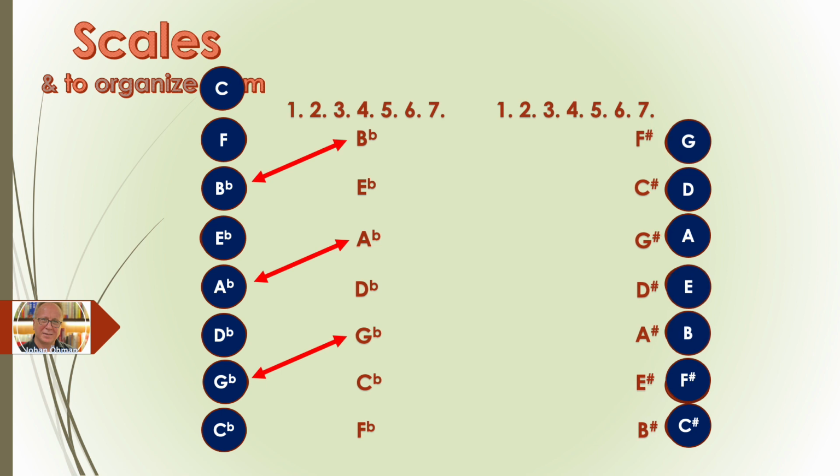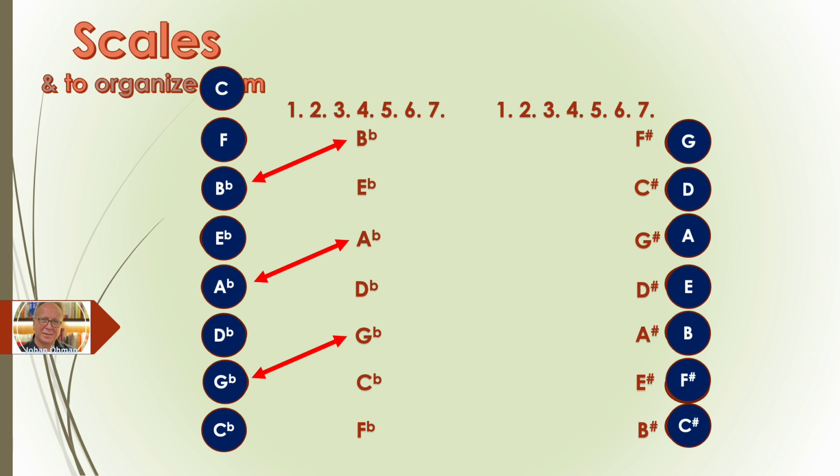And to remember the keys related to the flat line, you know that the new flat note comes in on the 4th note, and the 4th note is also what defines the next key. So if you know that F is the first key, and significant for F is that you have a B flat, the B flat will be the next key.